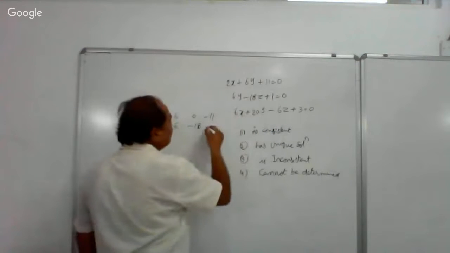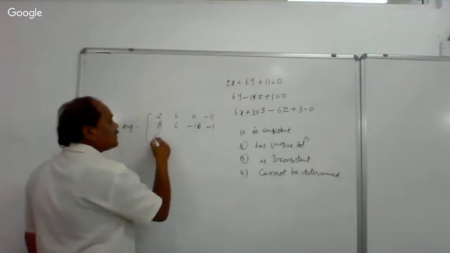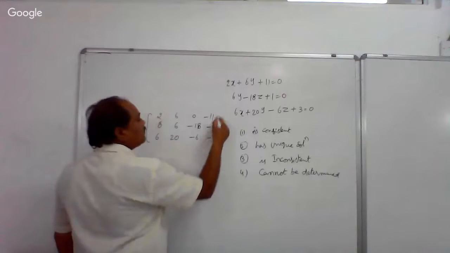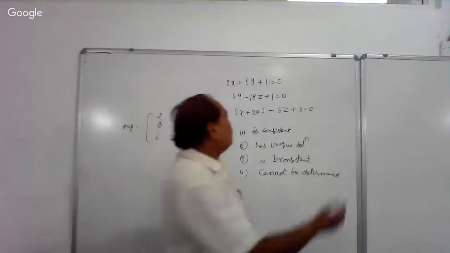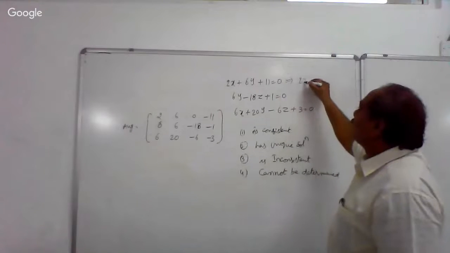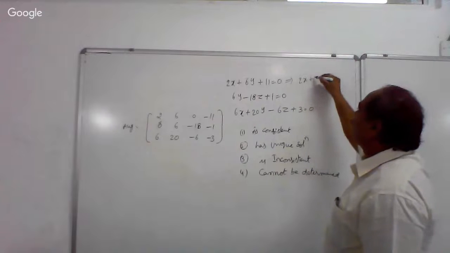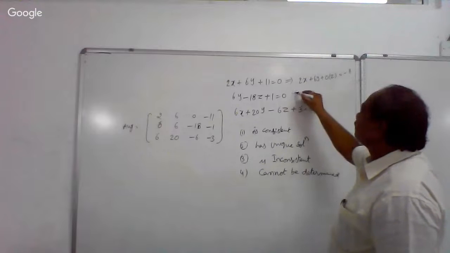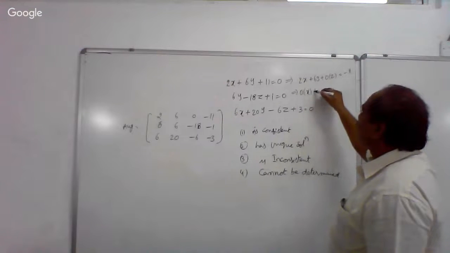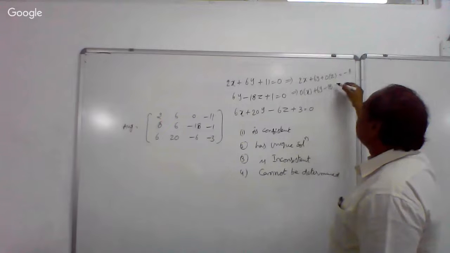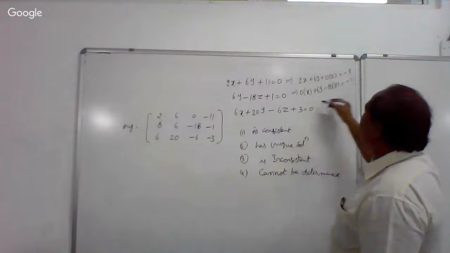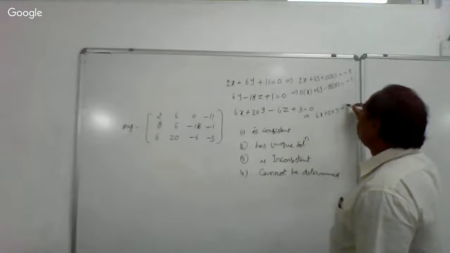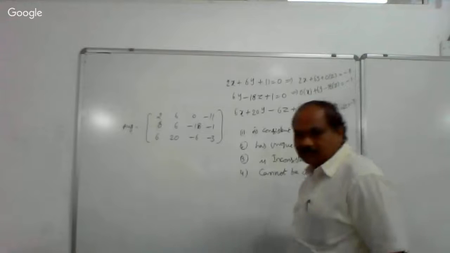Here also we have minus 1. 6, 20, minus 6 equal to minus 3. Why? Because it can be written as 2x plus 6y plus 0 into z equal to minus 11. 0 into x plus 6 into y minus 18 into z equal to minus 1. 6x plus 20y minus 6z equal to minus 3.